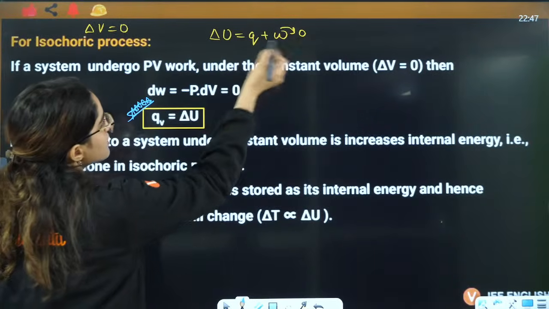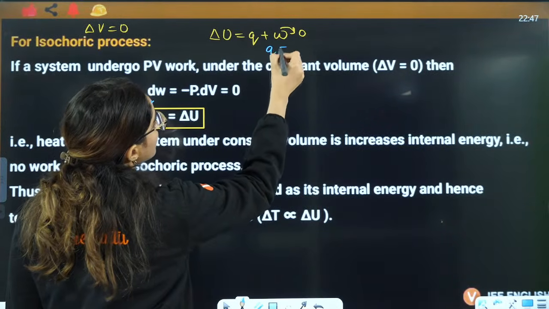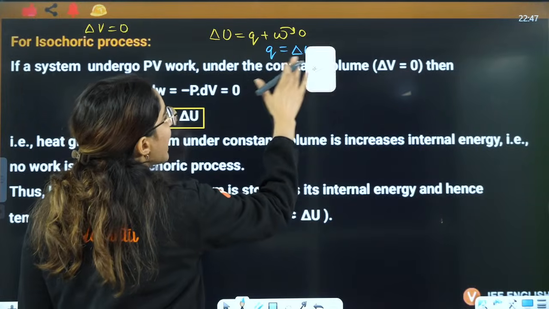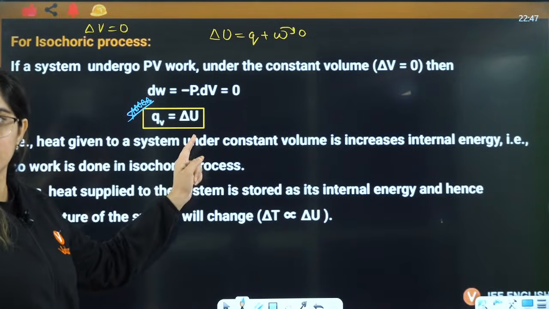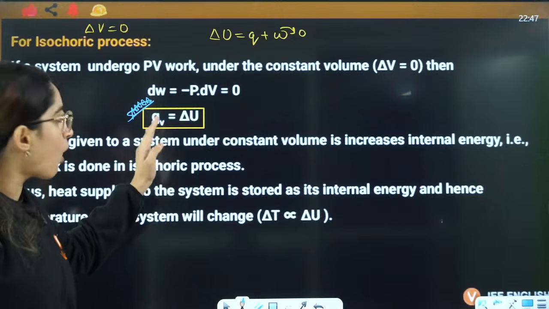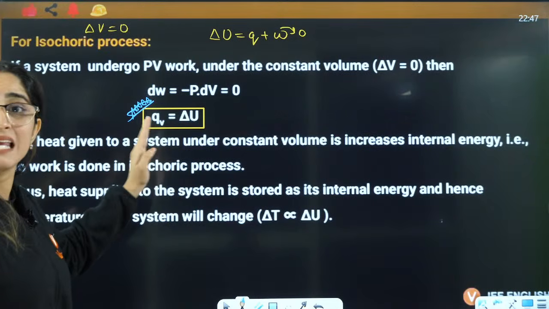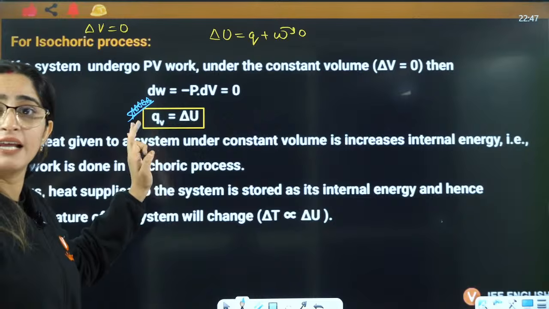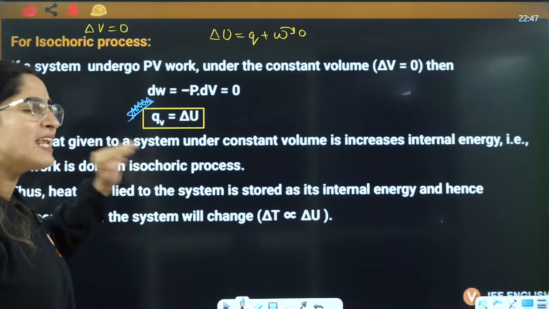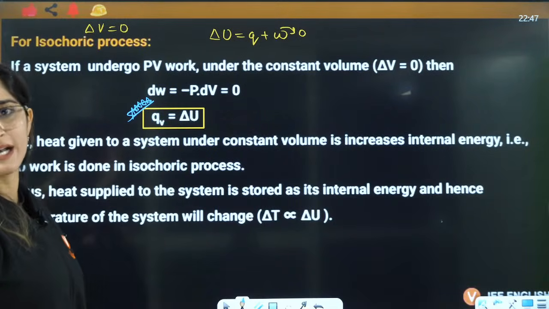Here we can say if this is 0, that means Q is equal to delta U. That means heat at constant volume is equal to internal energy change. That is a very, very important statement.